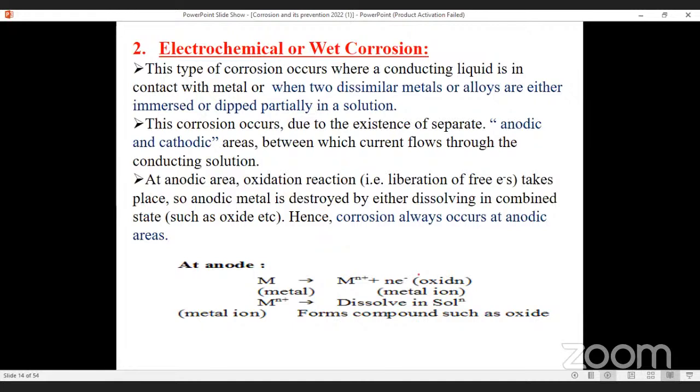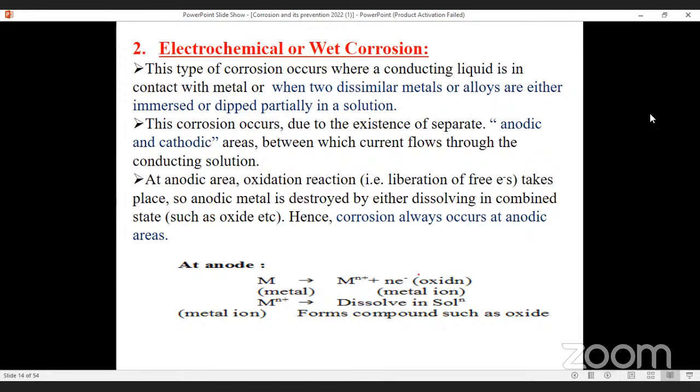One is oxidation, and the other is reduction, right? Whenever both oxidation and reduction take place, at the place where oxidation takes place, the metal is involved in the corrosion process. This happens in various circumstances, so we are going to discuss what those are.